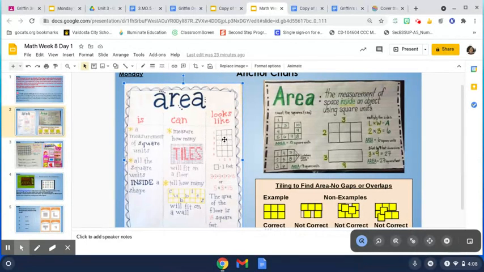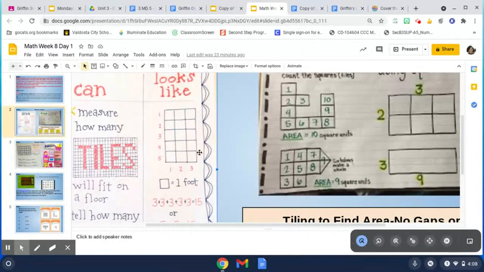Each square is 1 square foot. And it looks like an array. All you would have to do, make this a little bit bigger, you can count the number of squares. You see you have 3 in each row. 3 plus 3 plus 3 plus 3 plus 3.